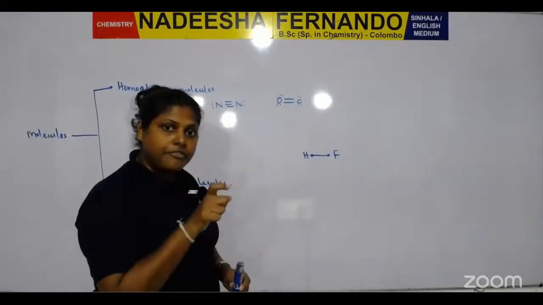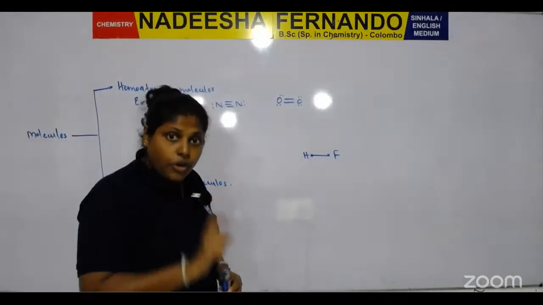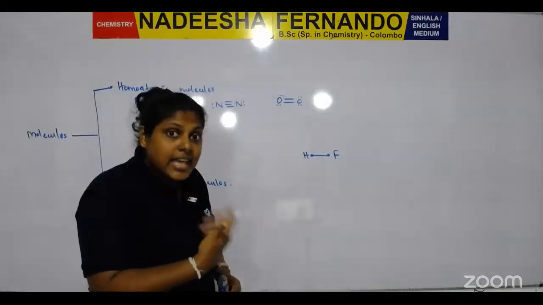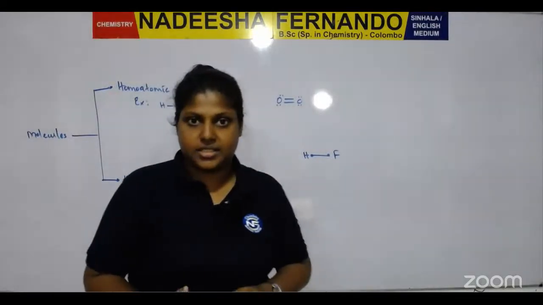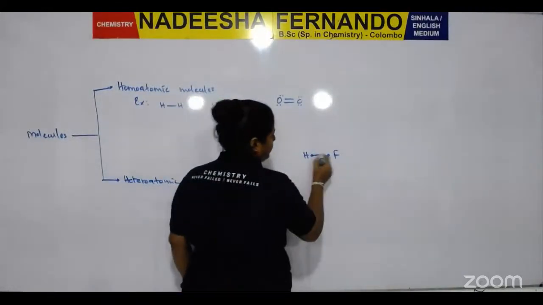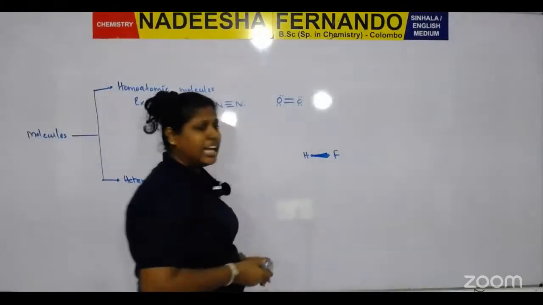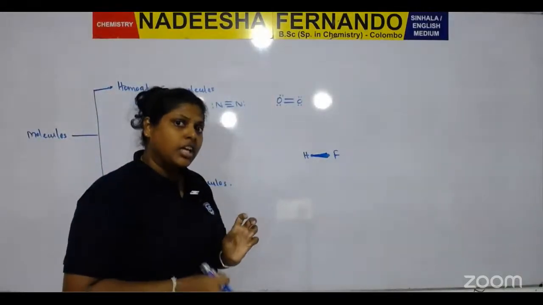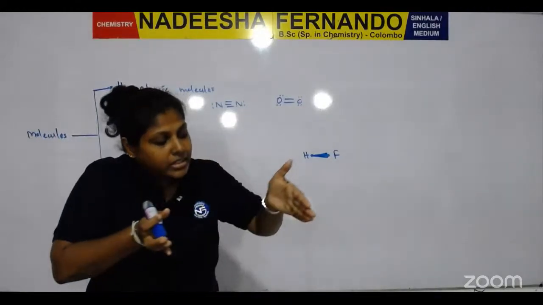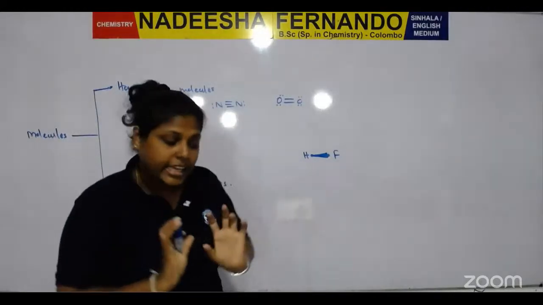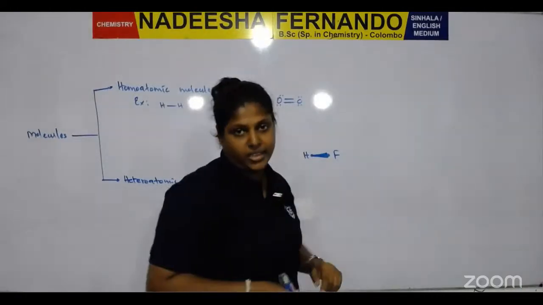But even though they form a bond by each giving one electron, fluorine has excess ability to attract the bonded electrons. Because of that, the total electron cloud distributed among the two atoms accumulates around one atom.